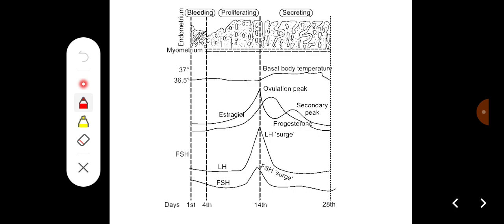So these are the hormonal changes that you can see. The estrogen peak occurs at ovulation, and the progesterone peak occurs in the luteal phase, whereas the LH surge occurs during ovulation. That is the reason for the ovulation, along with the FSH surge.